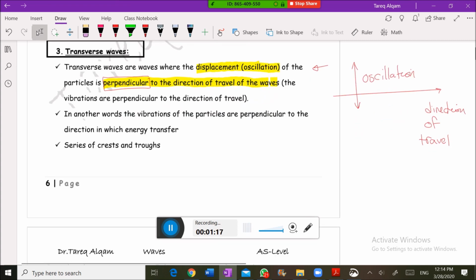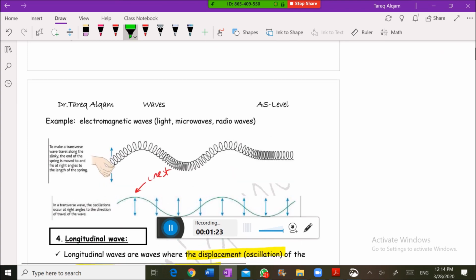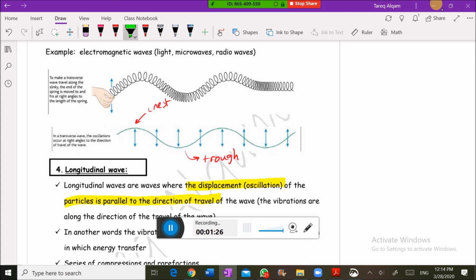Transverse. A transverse wave is a series of what? Crest and trough, like this. This is a crest, right? This is what? A trough. A single wave here consists of a crest and a trough. This is a single wave.